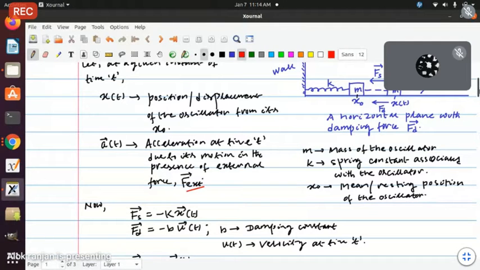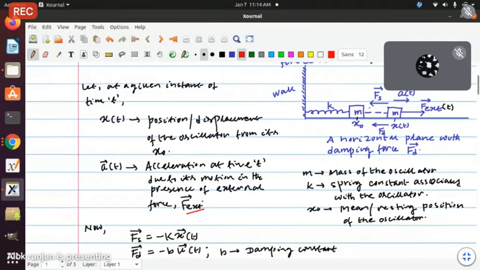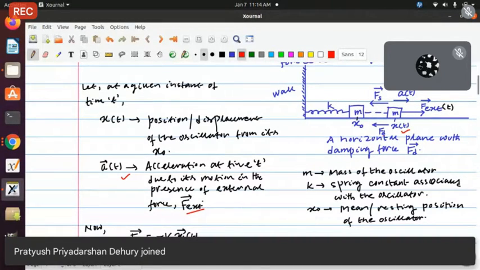Again, at a given instant of time, x of t is the position of the oscillator and a of t is the corresponding acceleration. The oscillator is forced to move in the direction of the external force, and whatever acceleration the oscillator achieves is due to this external force, which is compensated by the spring force as well as the damping force.